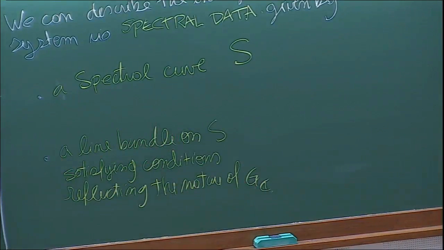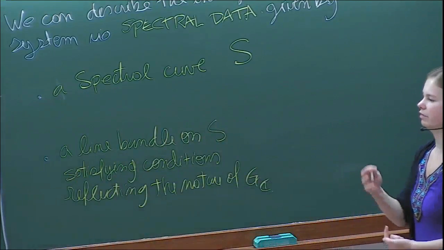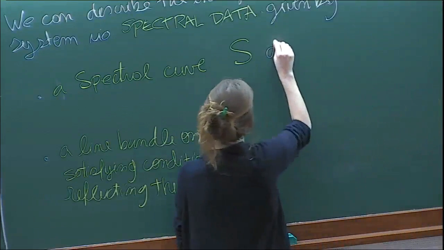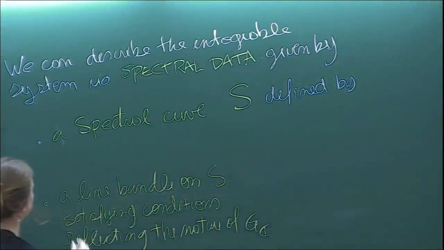So what is the spectral curve? The spectral curve S is going to be a cover of your Riemann surface, defined by a point in the Hitchin base.